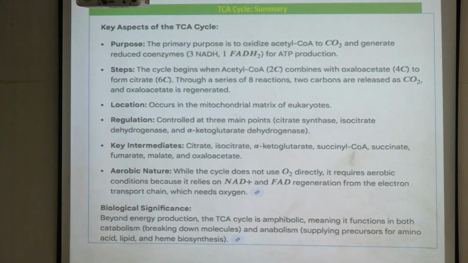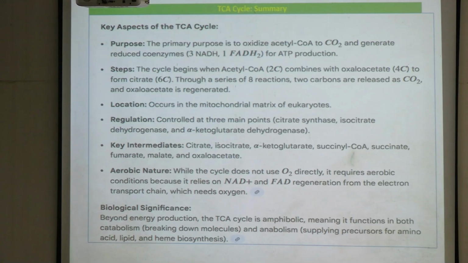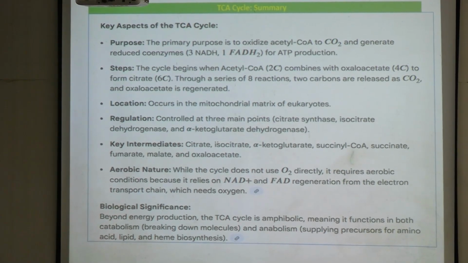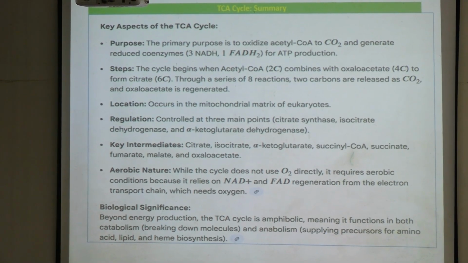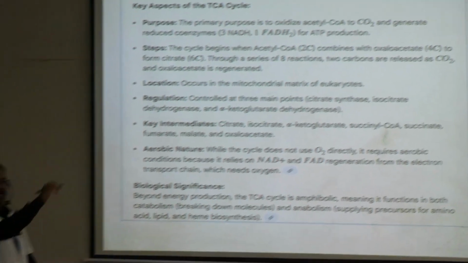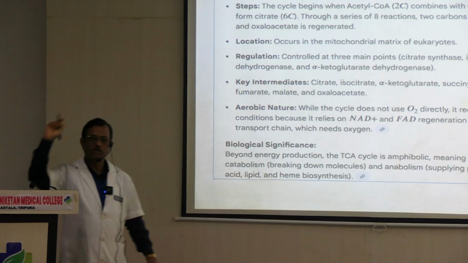Location: it occurs in the mitochondrial matrix. Regulation: control at 3 main points: citrate synthase, isocitrate dehydrogenase, alpha-ketoglutarate dehydrogenase. Key intermediates: citrate, isocitrate, alpha-ketoglutarate, succinyl-CoA, succinate, fumarate, malate, oxaloacetate. Remember this chart and you will be able to prepare.